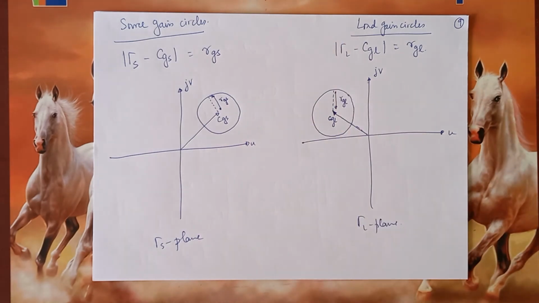It may or may not intersect with the Smith chart. That is a separate issue. We can verify it once we have the Smith chart with us. Having said this, let us look a little bit more closely at these gain circles.